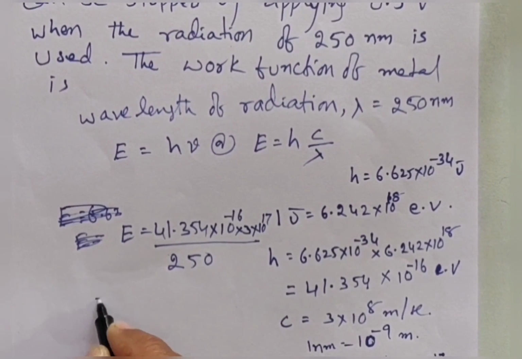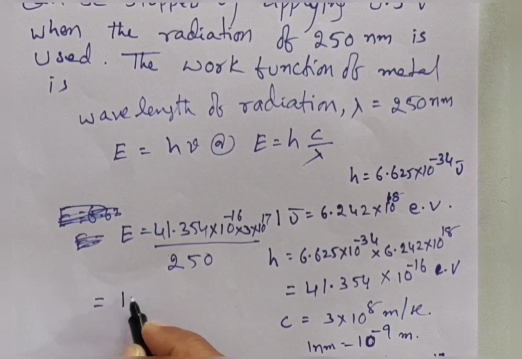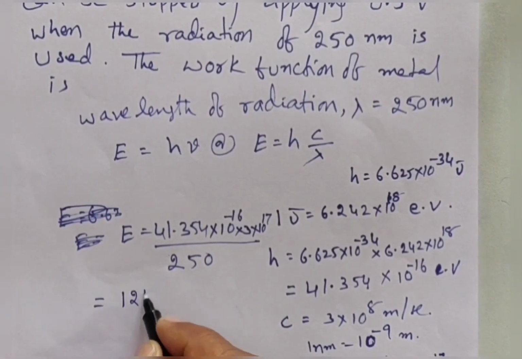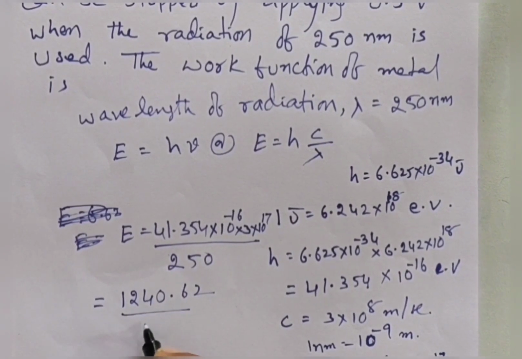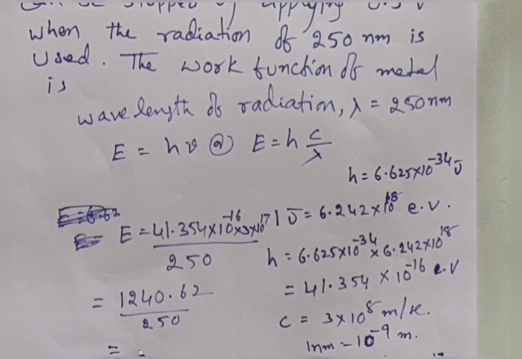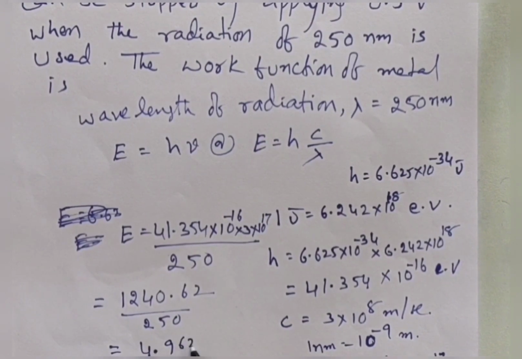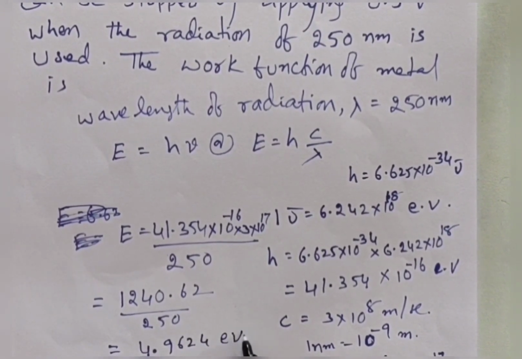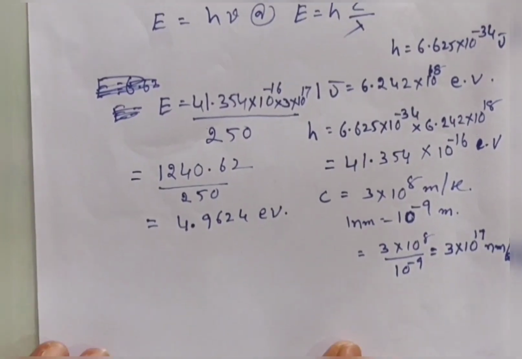Now on simplifying this value, we will get 1240.62 by 250. Then on simplifying, we will get 4.9624 electron volts, right? This is a very simple simplification.